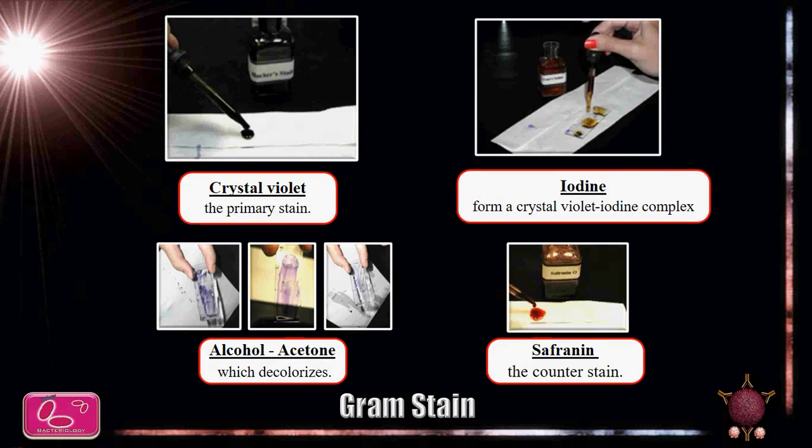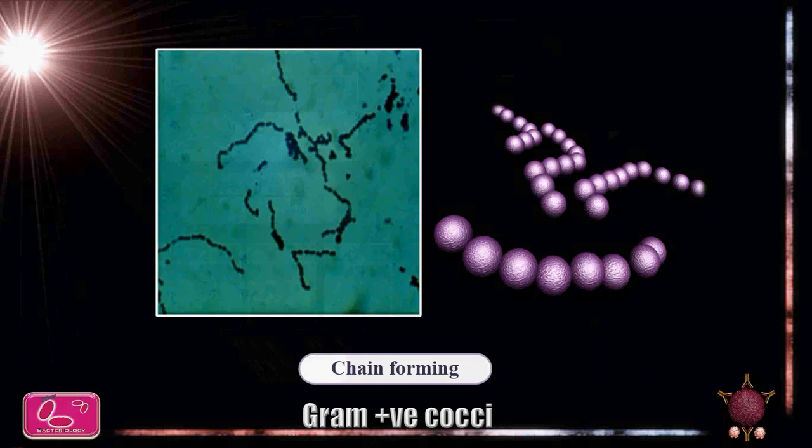You dispose it, wash it with water, and then you add alcohol acetone for a few seconds, and then you add safranin for 1 minute. You dump it, wash it with water, leave it to dry, and see it under the light microscope. So these are real pictures under the light microscope, for example.